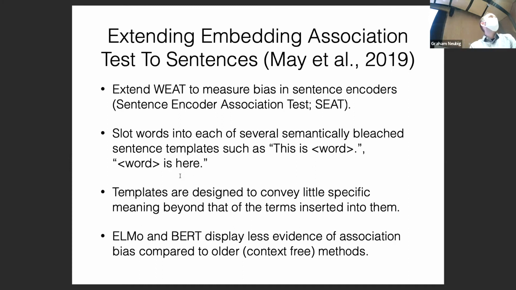It's a very standard sentence. And so then you can embed the whole sentence and look at the embeddings for the words or the sentence itself and examine whether this shows a similar trend. And interestingly, the contextualized representations display less evidence of association bias compared to the older models, but still they demonstrate bias.